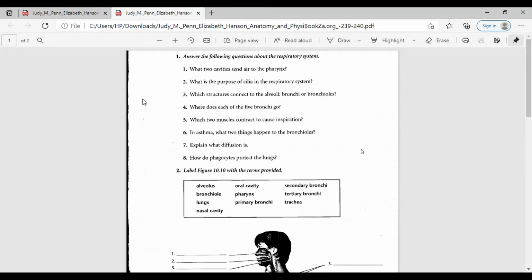In question number 8, the word phagocytes is just another word for macrophage, right? In the reading we have macrophage, and here we have phagocytes.